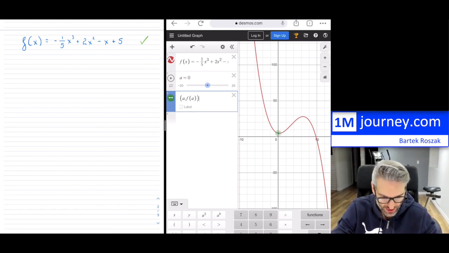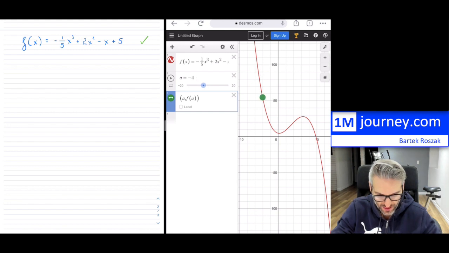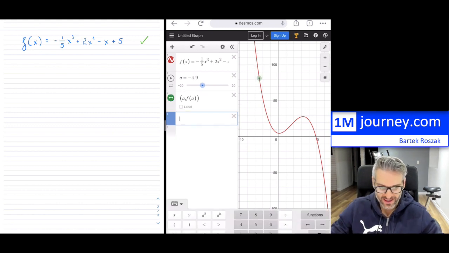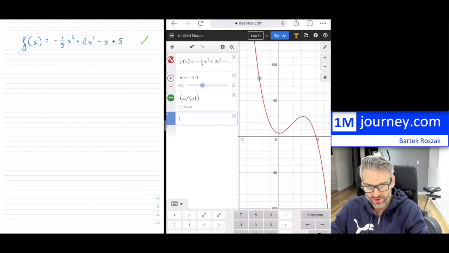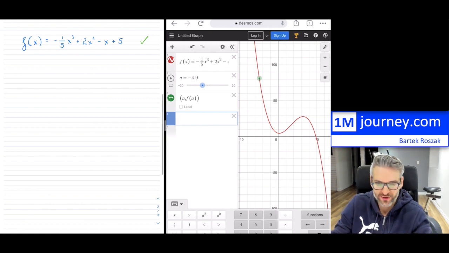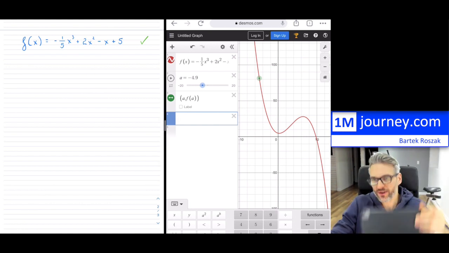And now we can swing this point, kind of moving it around wherever it is that we like. Okay, so we have that. Now, those are the points. Now, if we want the derivative, let me go back in here.